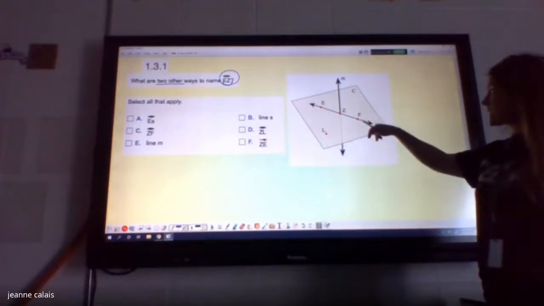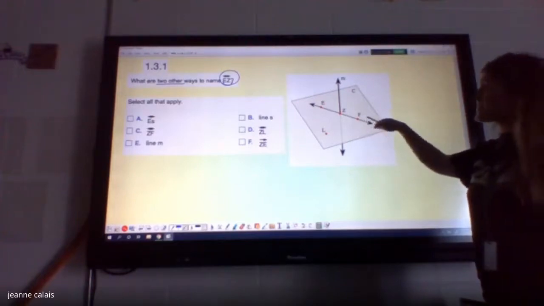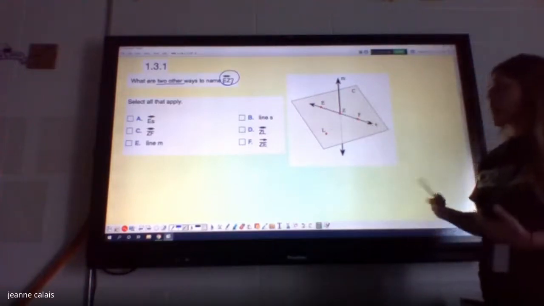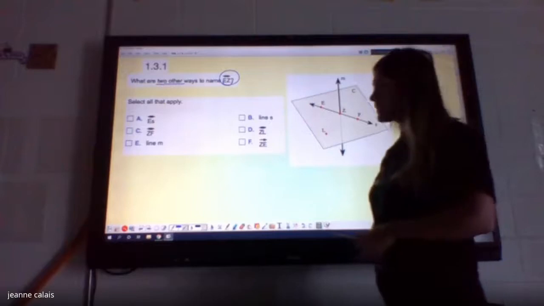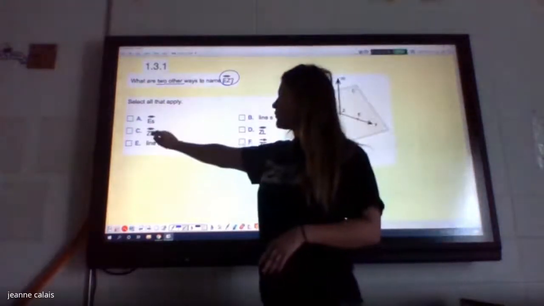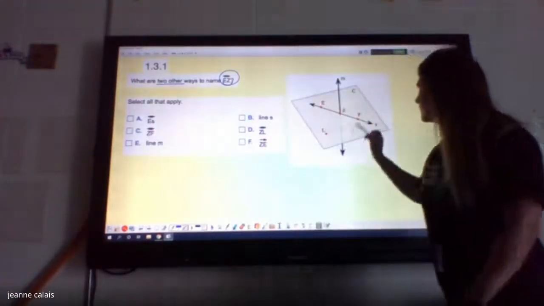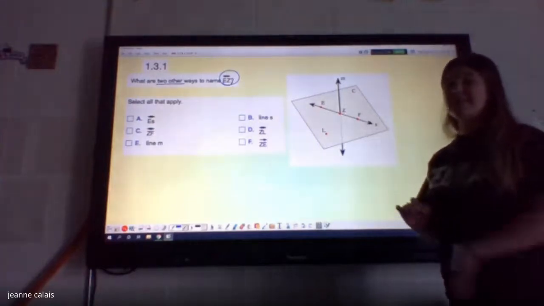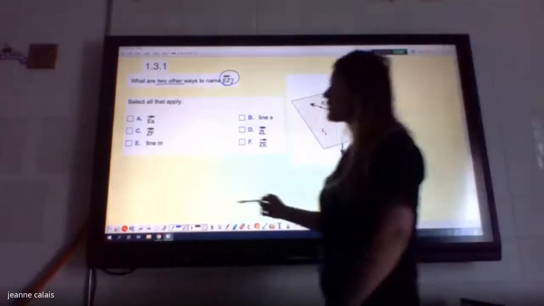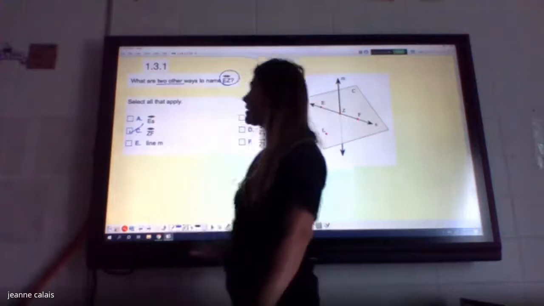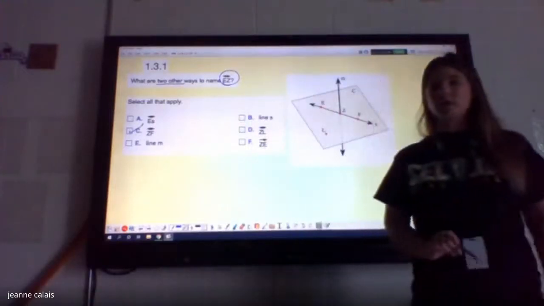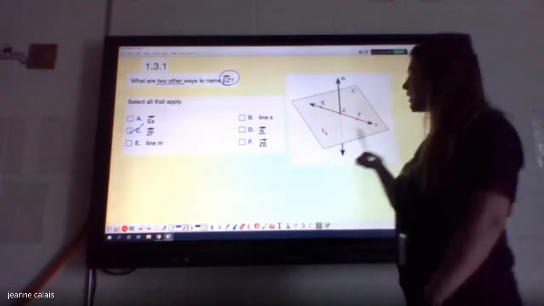Lowercase s is representing the whole line, okay? So I can't name it that way if it's not a point on the line. So I'll leave that alone. EZ, all right, those are 2 points on that same line. So that is another way, and it's appropriately denoted on the top, okay? So I would select it.